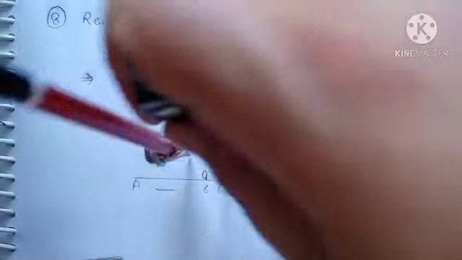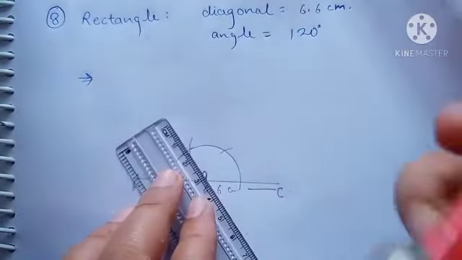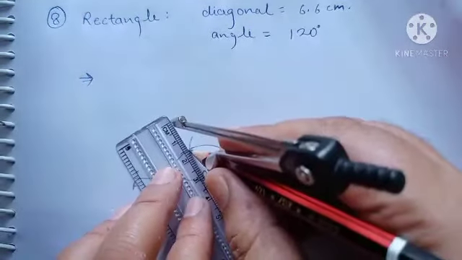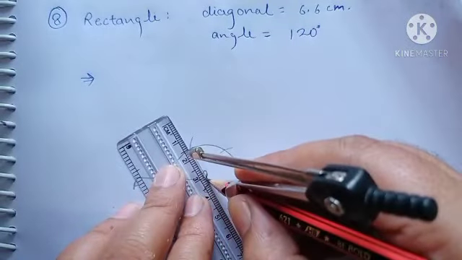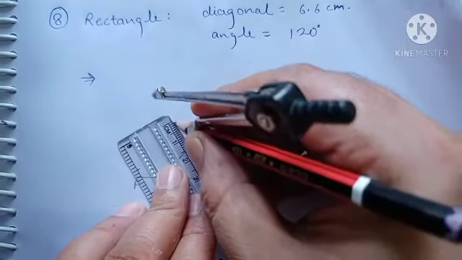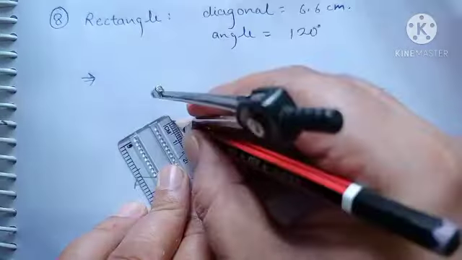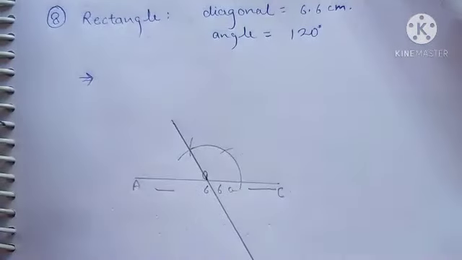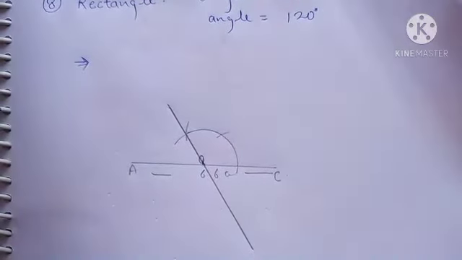Then 120. Now we have to join intersection point to O. Okay, now what we have to do, here you can see diagonals of rectangle are equal.